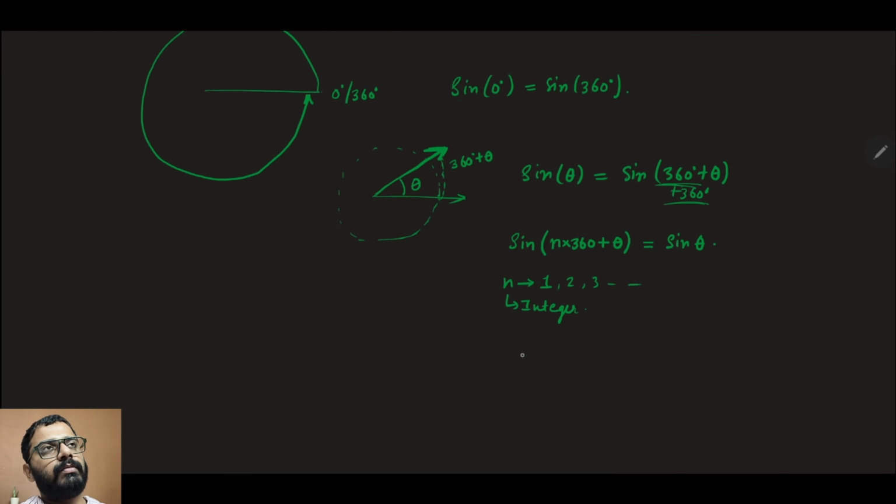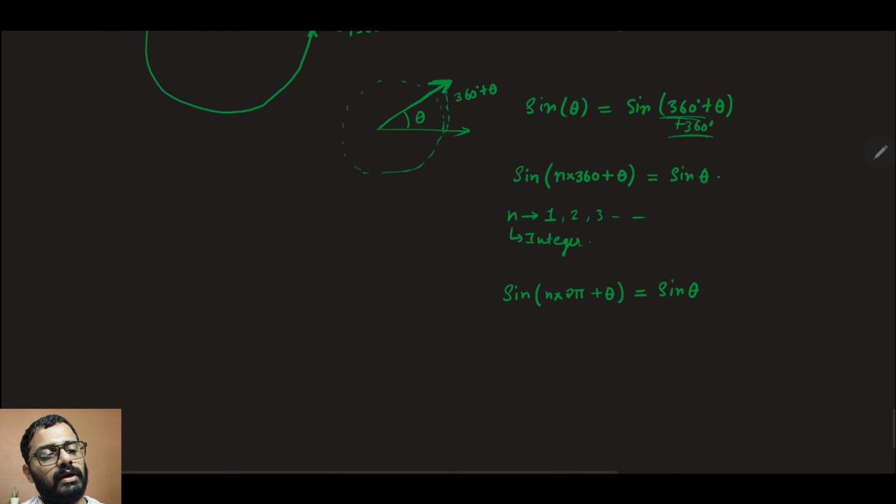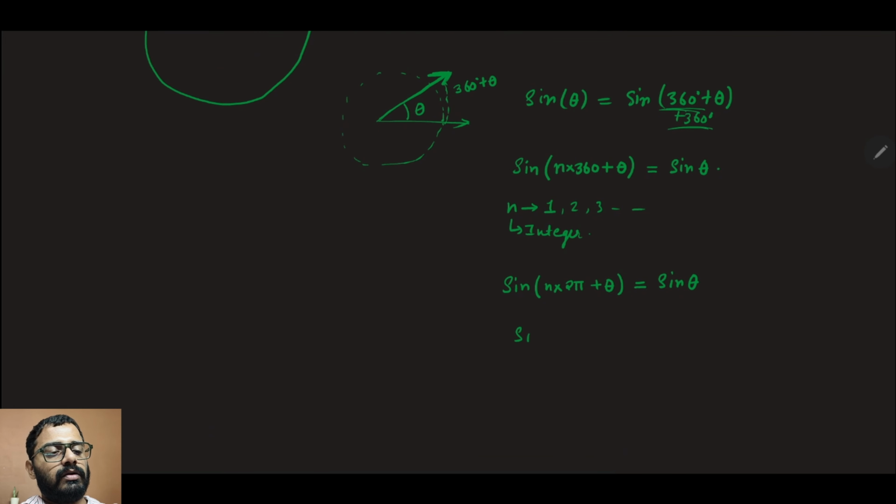In terms of pi radians also we can write it. So sine of n into 360, which in radians is 2 pi, plus theta, that will be equal to sine theta. Here you can remember sine of 2n pi plus theta is equal to sine theta, right?